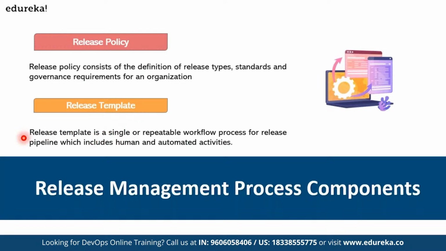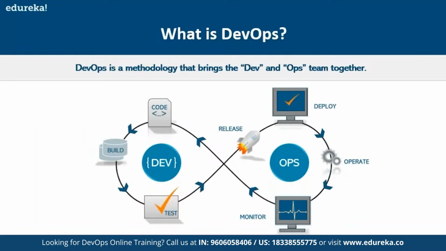Release template. The release template is a single or repeatable workflow process for the release pipeline, which includes human and automated activities. If you look at this figure again, you will observe that many steps in this can be either automated or made manual. For example, once a code is built, should the testing happen automatically?